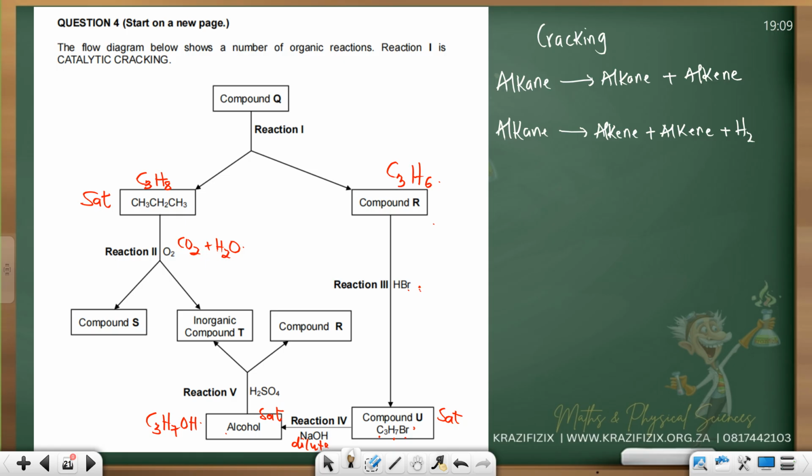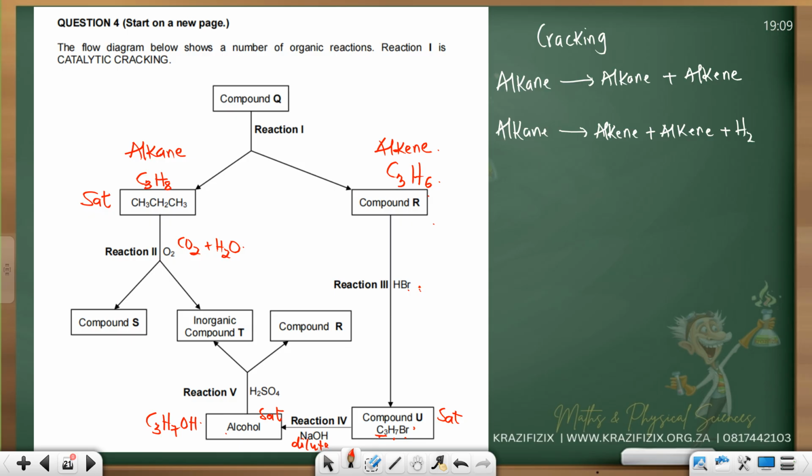Once I say hydrogen there, I know I'm talking about two what? Alkenes. If you look at this reaction, I'm only seeing two compounds. So I already know this one is what? An alkane. Therefore, this has to be what? An alkene. And you would see I am maintaining my 3 carbon atoms.